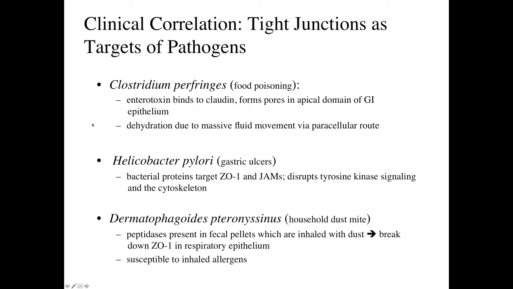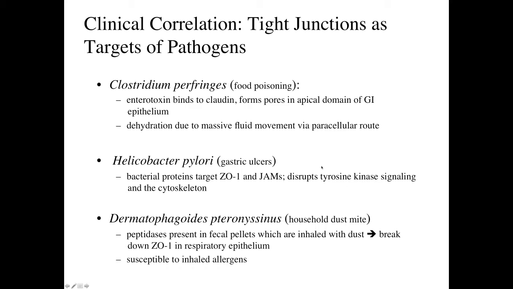The microorganism that causes gastric ulcers, Helicobacter pylori, has proteins that target Zonula occludens, Claudin-1, and various junctional adhesion molecule proteins. This disrupts tyrosine kinase signaling and disrupts the cytoskeleton of these cells.